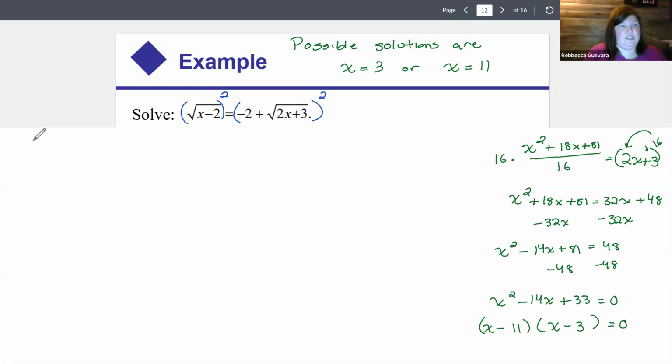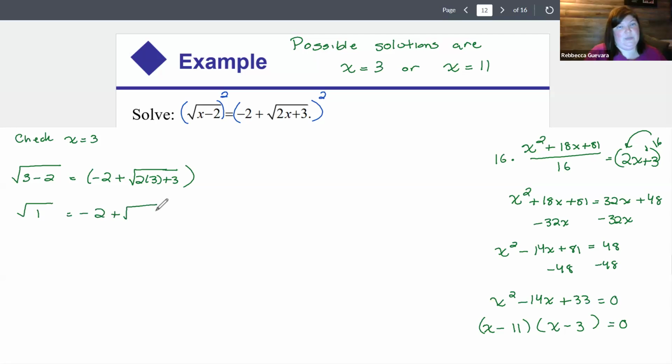So we're going to first check x equals 3. We're going to have the square root of 3 minus 2 equals negative 2 plus the square root of 2 times 3 plus 3. That's going to give me the square root of 1 equals negative 2 plus the square root of 6 plus 3, so we're going to have 9 there.